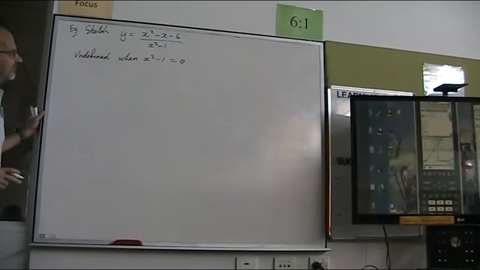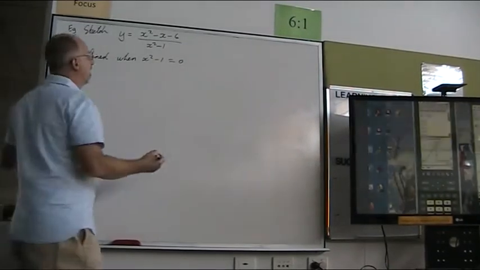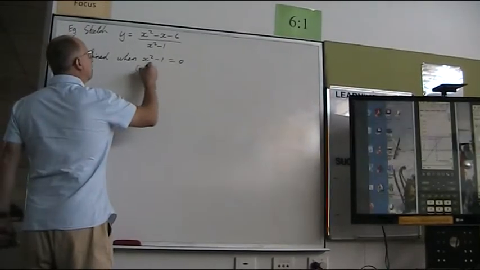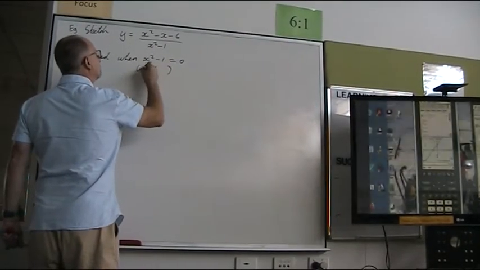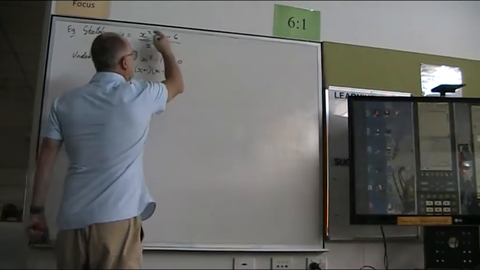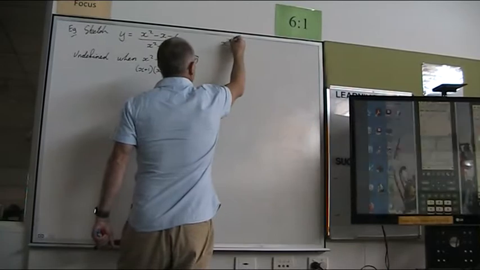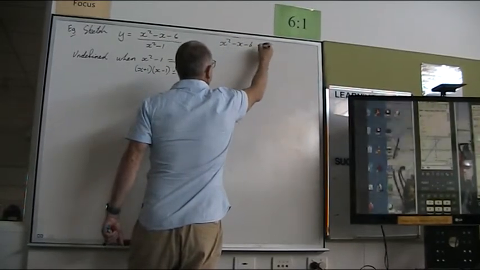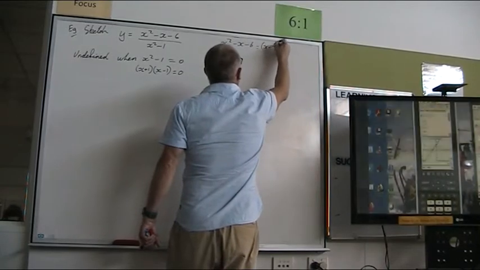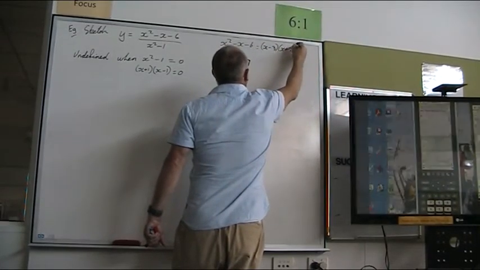Probably in this case I'm thinking asymptotes, because x squared minus 1, if we factorise it, is x plus 1 times x minus 1, but x squared minus x minus 6, if we factorise that, would be x minus 3 times x plus 2.